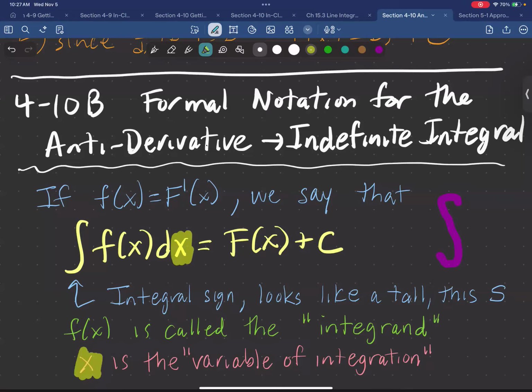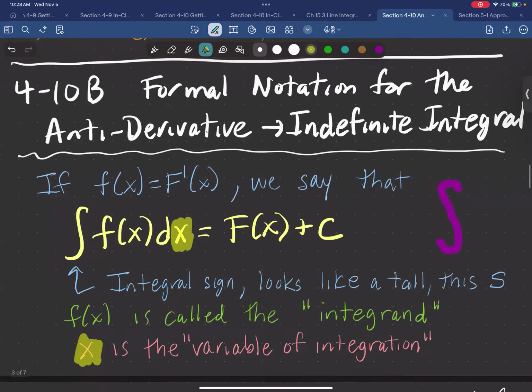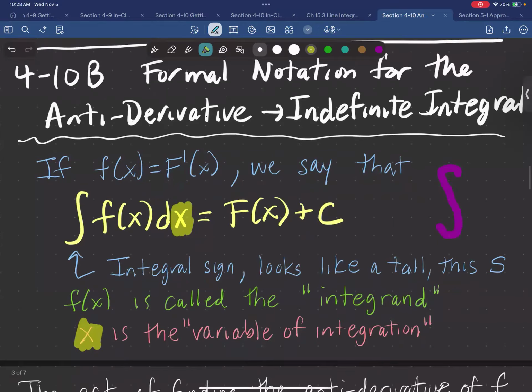It's matching up with that. So integral symbol, integrand, variable of integration. Three things to know.